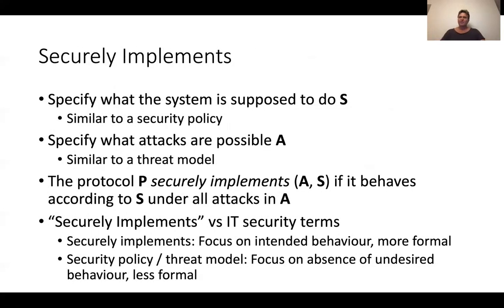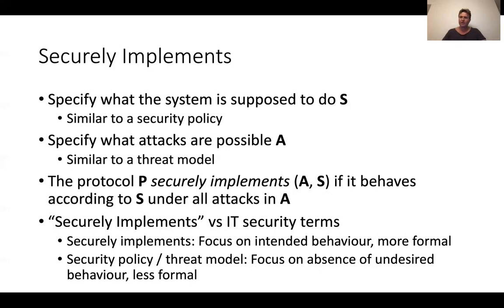Then we have this notion of securely implement. It's a term that's being used a lot, in particular in cryptographic protocol theory. And what's important about it is that you clearly see it's relational. So you never talk about a system being secure. Doesn't make sense. You cannot take a protocol and say this protocol is secure, because there is no such thing as security without talking about what it is supposed to do.